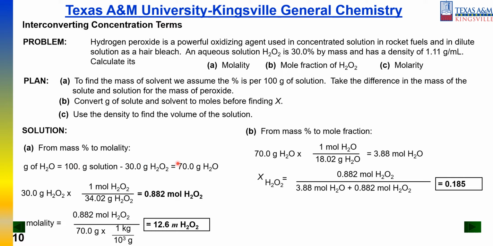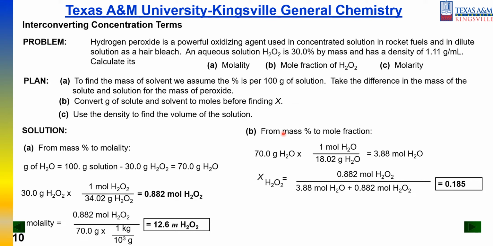You convert 70 grams to 0.07 kilograms, dividing by 1,000. For your hydrogen peroxide, you use its mass divided by its molar mass, 34.02, and then you determine its moles. You use the moles divided by kilograms of your water. My calculation is 12.6 molal for your hydrogen peroxide.